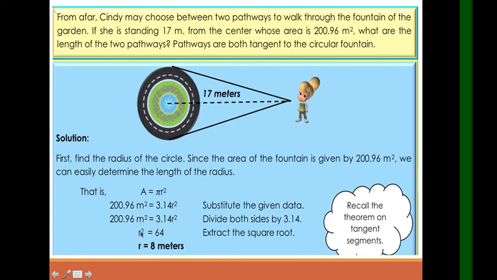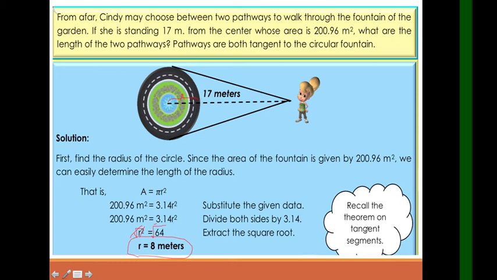To get the r, get the square root of both sides. So, r equals square root of 64 is 8 meters. Therefore, the radius of the circular fountain is 8 meters.